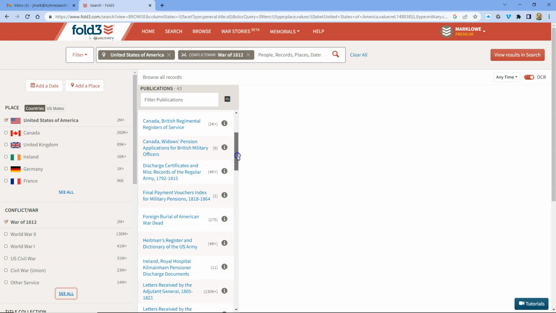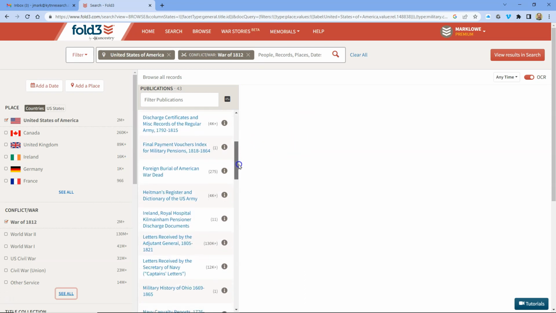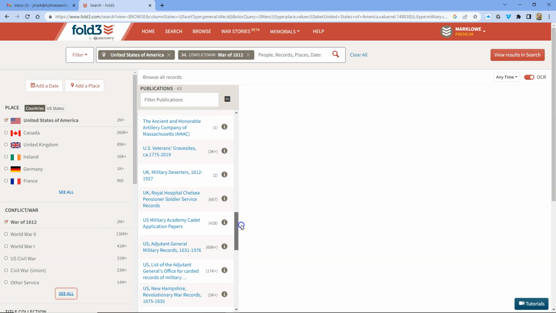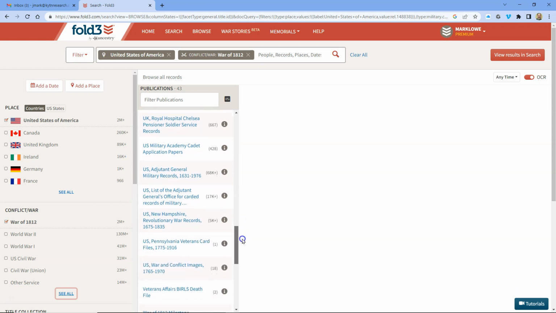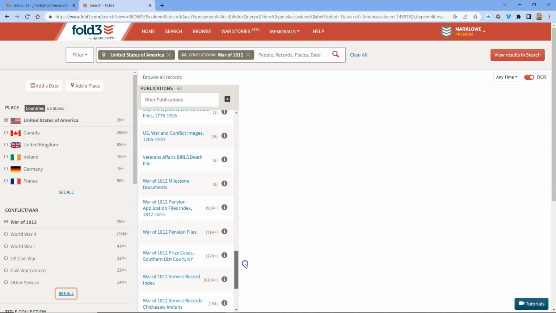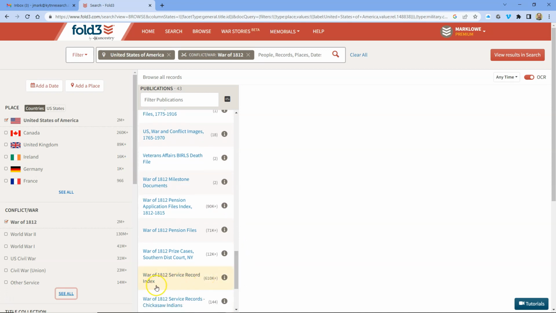Okay? So two of the things I probably would look at, I could look for final payment vouchers if I thought the person had a pension. But right now, I really just want to see if I could find a service record for this individual. So I'm looking for, here we go, War of 1812 Service Record Index.